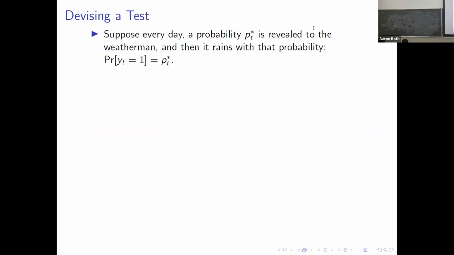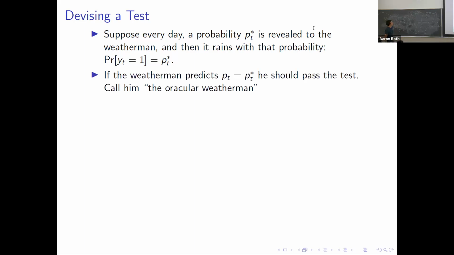Okay, so the world in which the weatherman says he lives is this. Every day, the probability that rain occurs really is what he says it is. The thing that the weatherman reports to us really is the true probability of rain, and only then is the coin flipped.